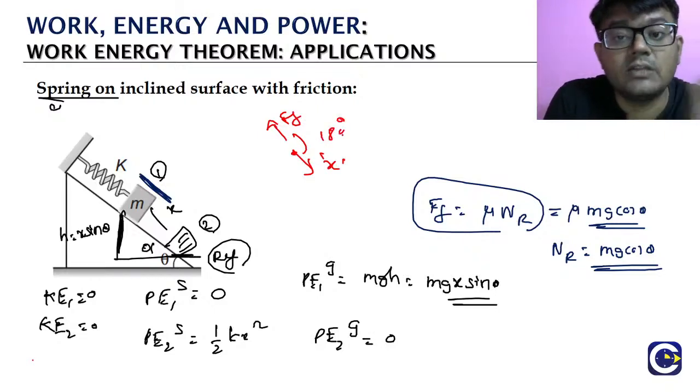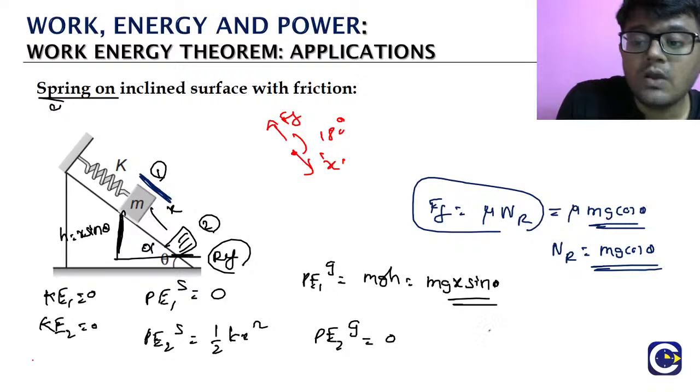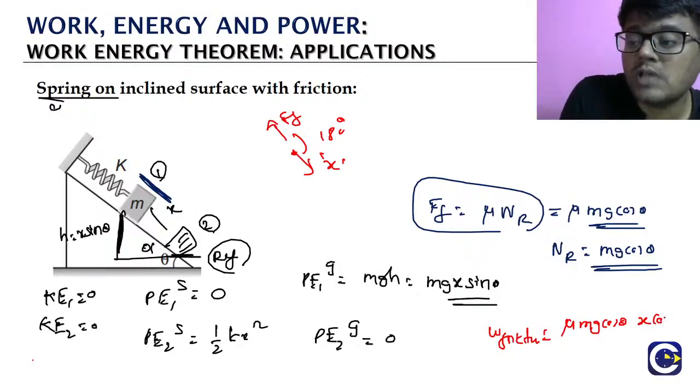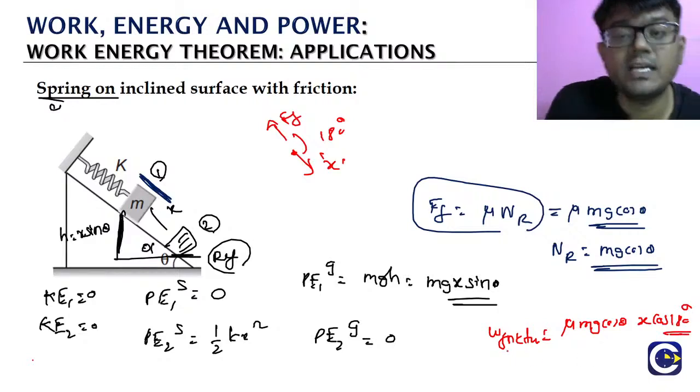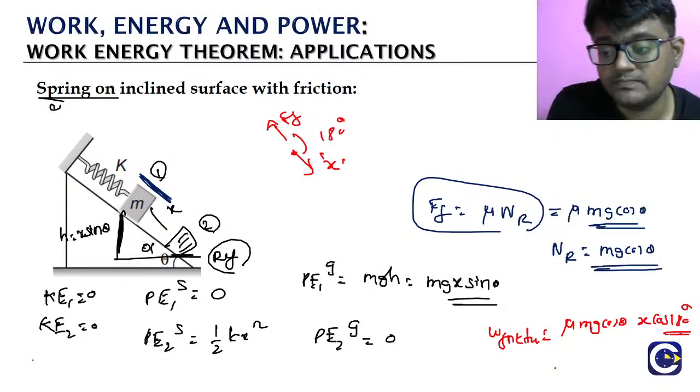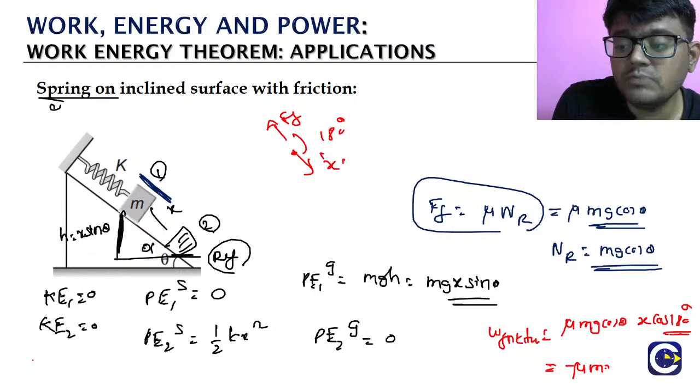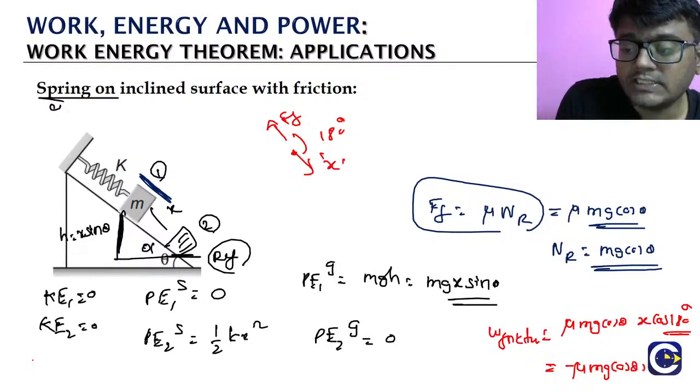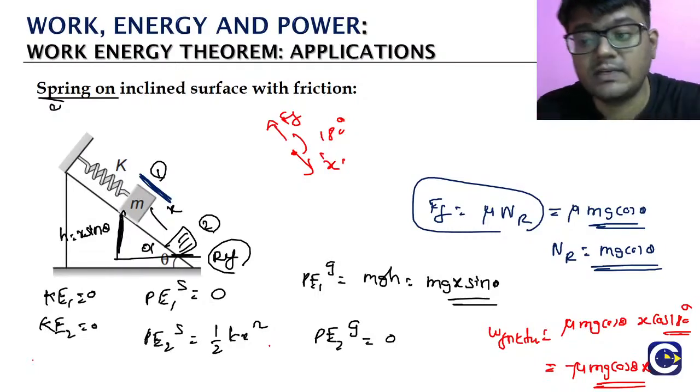So what is the angle between them? 180. இப்போ பாருங்க work done by the friction, what is it? Force value into displacement value into cos of angle between them. அதனால cos 180. Cos 180 means -1. So minus mu mg cos theta into x. That is the work done by the frictional force.